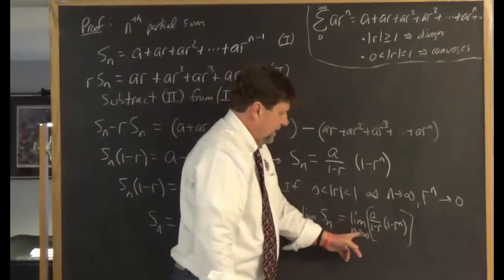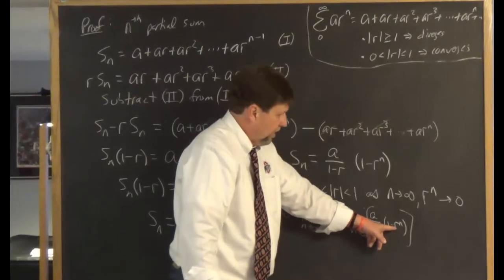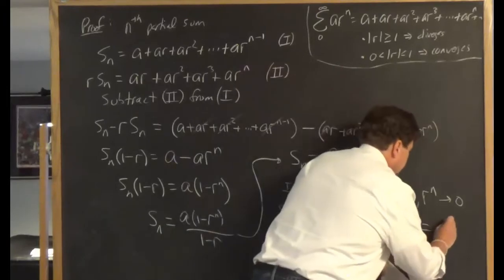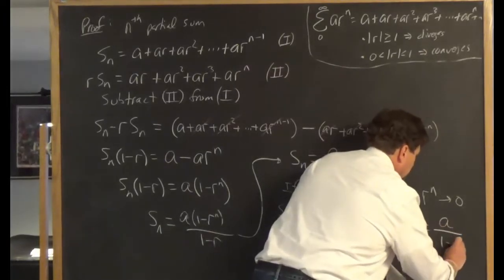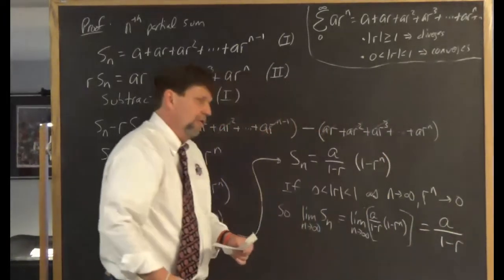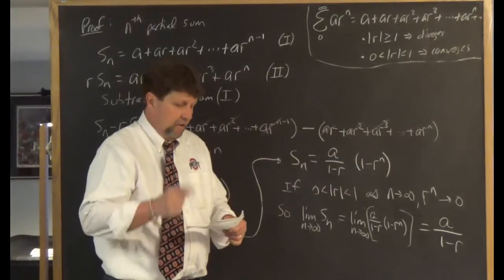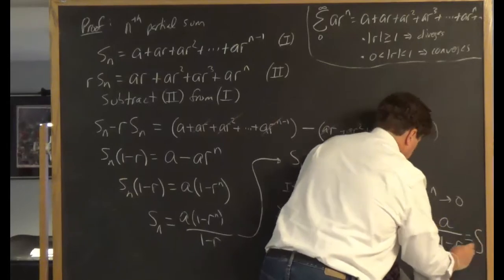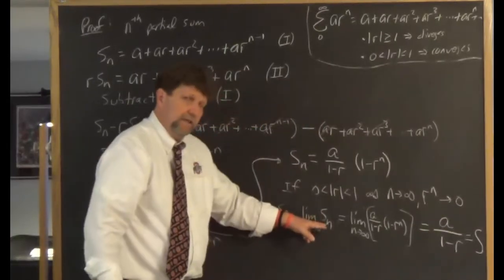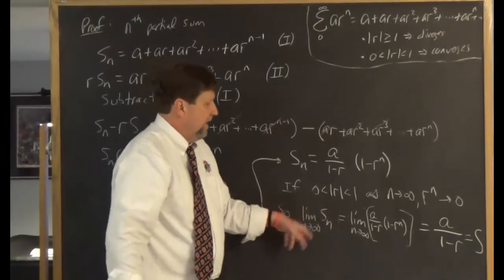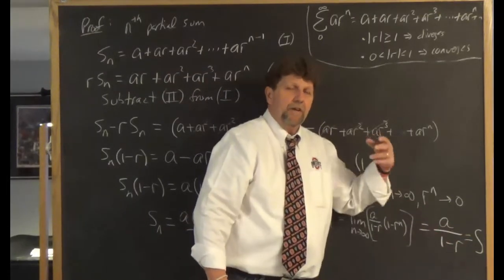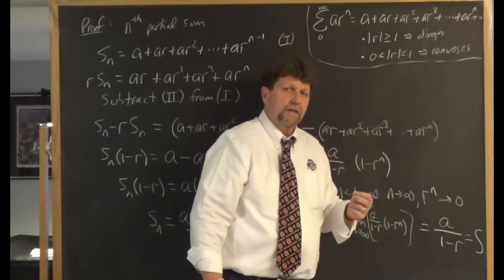We just analyze that as n goes to infinity, this is 0. 1 minus 0 is 1. We get the limit to be a over 1 minus r, which, because we just did the limit of the sequence of partial sums, means this expression gives us the sum of a convergent geometric series.